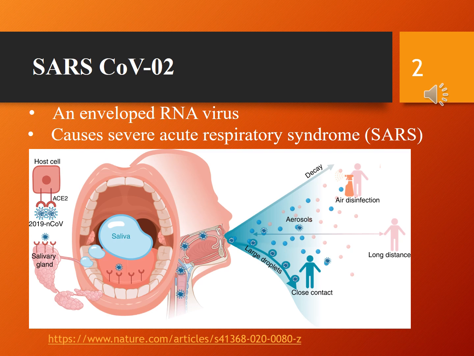COVID-19 is caused by an enveloped RNA virus which belongs to the family Coronaviridae. It is called severe acute respiratory syndrome related coronavirus 2. As visible on the screen, the primary route of transmission is through respiratory droplets.